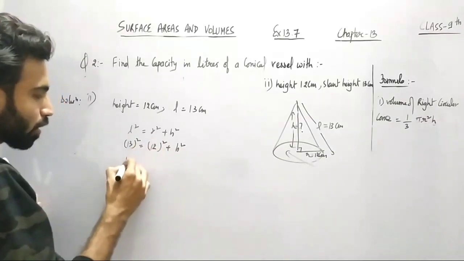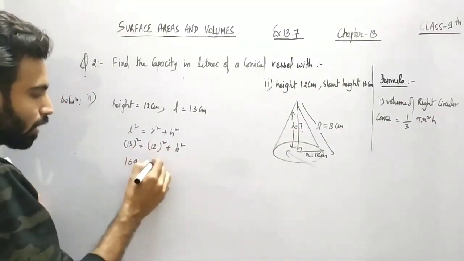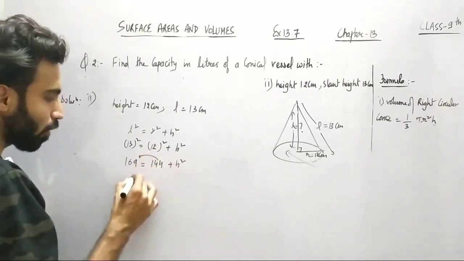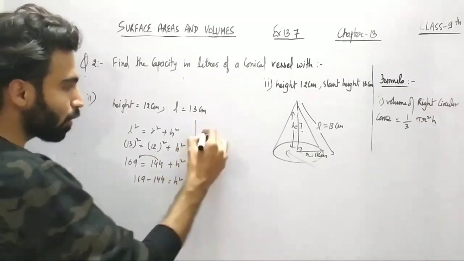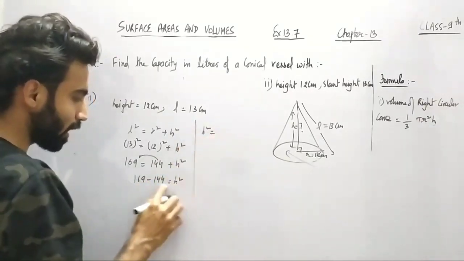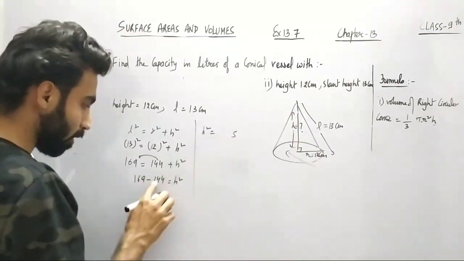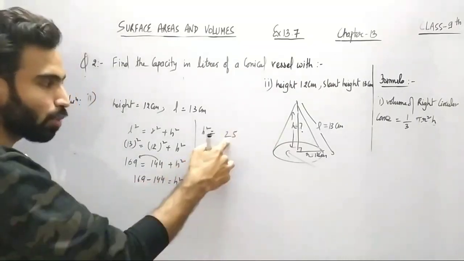So 13 का square क्या होता है आपके पास? 169, equal to 12 का square क्या था? 144 plus H square. Now 144 will go to the minus side, so equal to H square. Now H square की value किसके equal आ जाएगी? 169 minus 144, so 25. Their subtraction will be 25.